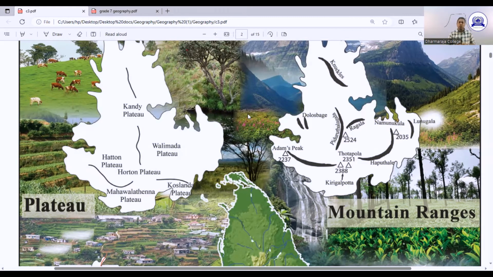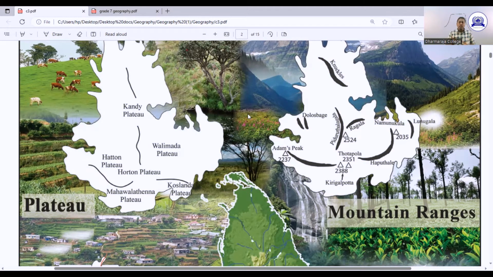So I told you the names of those plateaus which are found in the hilly region. So I showed you what a plateau is. A plateau is a tall mountain with a plain summit. You can see the top is plain, flat. Kandy Plateau, Valimad Plateau, Hatton Plateau, Horton Plateau, Mahawala Plateau, and Koslanda Plateau.